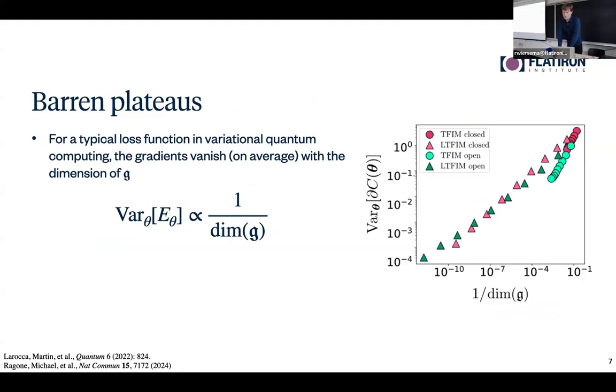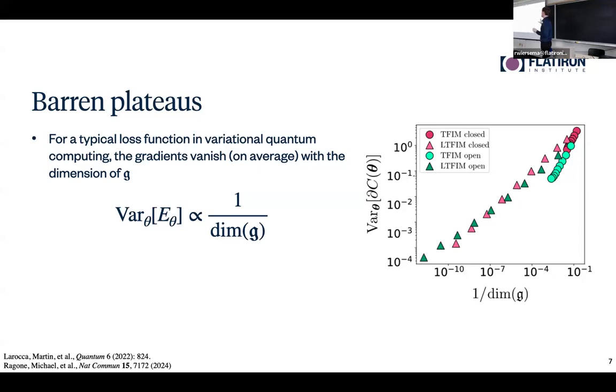Now, the bane of my existence during my PhD, barren plateaus. For those of you who've worked on variational quantum computing, this is the result that if you try to do some variational optimization through some circuit, your gradients will vanish exponentially in the system size. This is basically a statement about the dynamical Lie algebra of your circuit. You see here that the variance of your gradients is proportional to the inverse of the size of the dynamical Lie algebra, which can be exponentially big in the worst case.